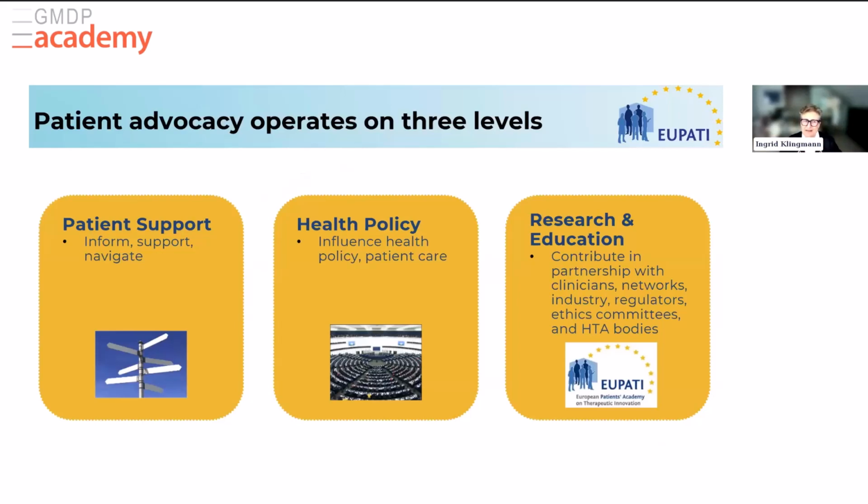That is what the vast majority, at least in Europe, of patient organizations is doing. And by the way, in Europe, we have thousands and thousands of patient organizations. Of course, also because we have all these countries, and in every country you have, for the same indication, a patient organization. But the last time this was counted, we were at over 40,000 patient organizations in Europe. And the vast majority is really on that level.